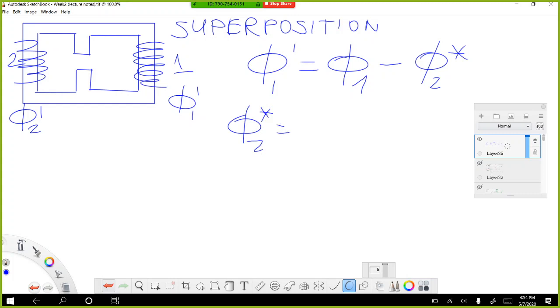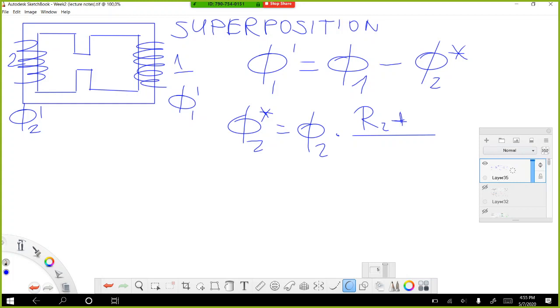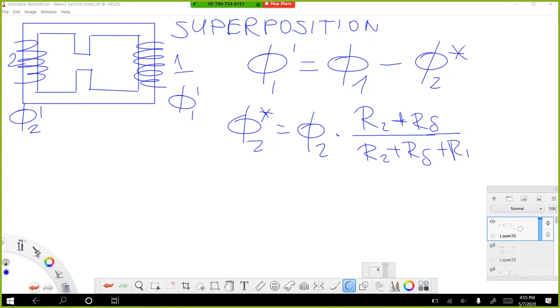Phi2 star, according to the voltage division rule, is equal to phi2 multiplied by the reluctance of the second plus the reluctance of air gap over the sum of the reluctances R1 and so on. From all this we can define phi1 prime.